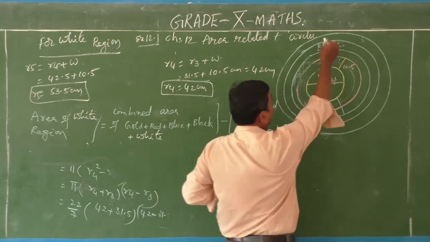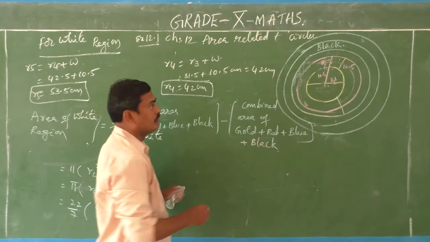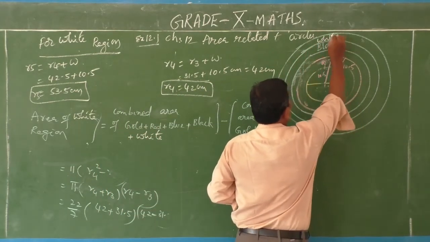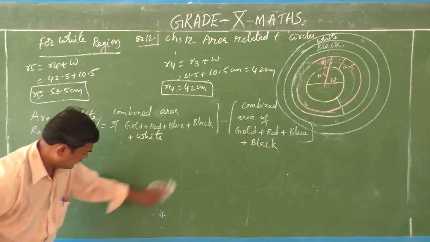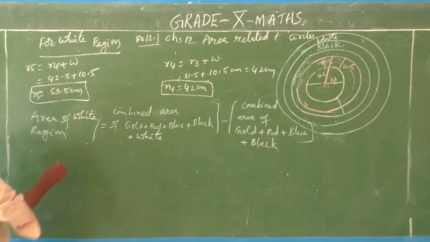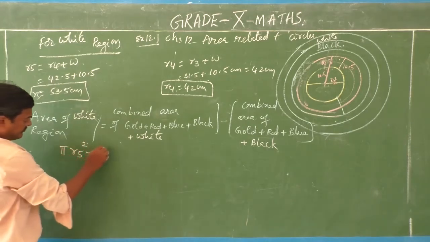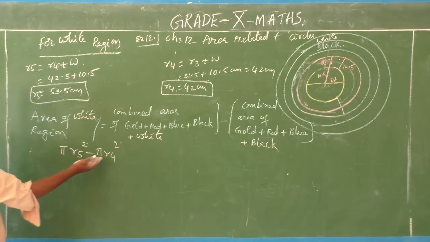So up to last we can add in, up to black we can subtract. Then we get only white region alone. We get the answer. Now here pi r5 square minus pi r4 square. Area of the outer minus inner.